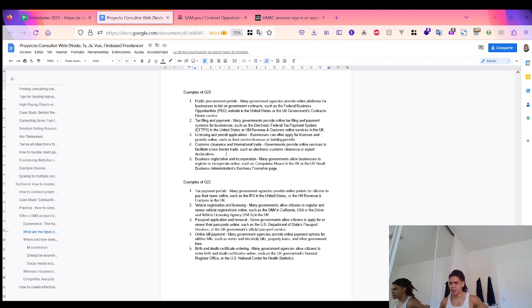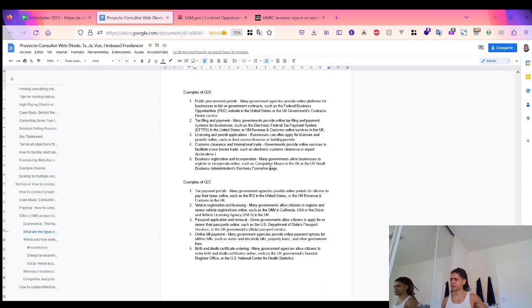Many governments allow businesses to register or incorporate online, such as Companies House in the UK or the US Small Business Administration business formation page.